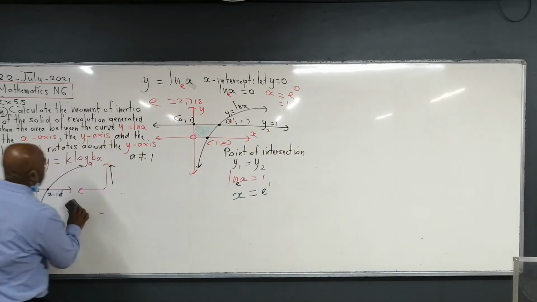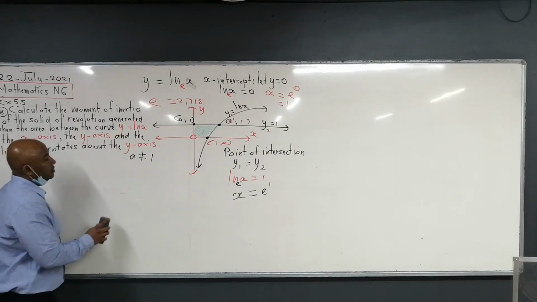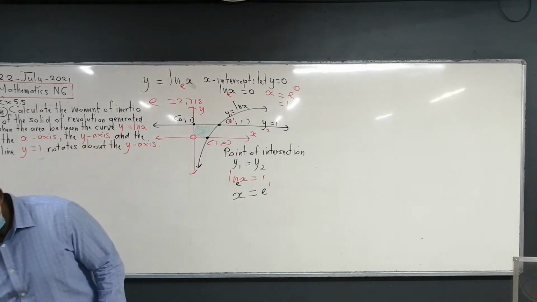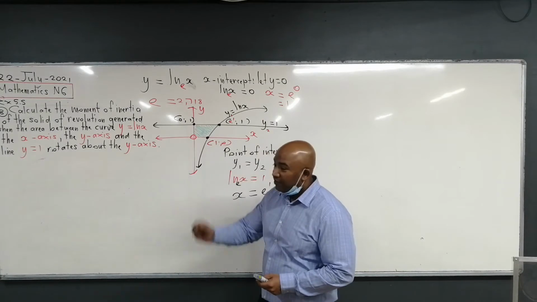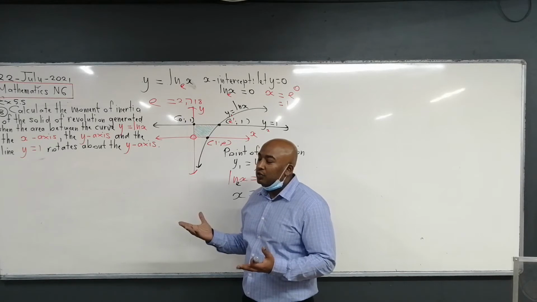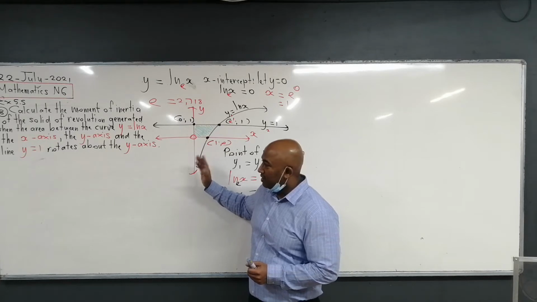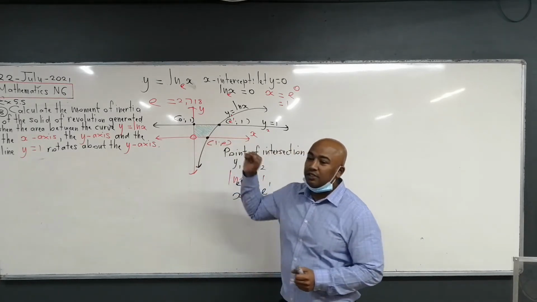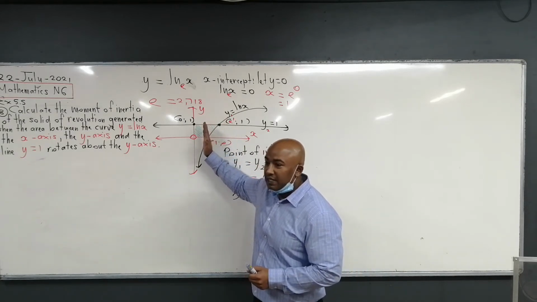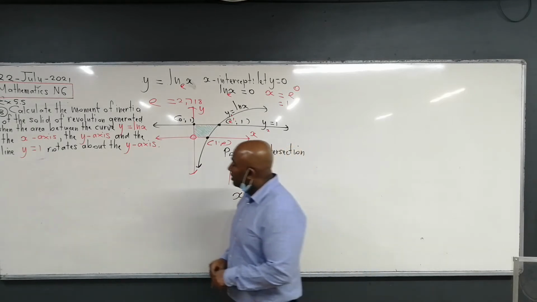So if it rotates about the y-axis, would we use the delta y then? The question is, if it rotates about the y-axis, we are finding the moment of inertia about the y-axis. It has nothing to do with whether you're going to use delta x or delta y. So what you put here is your choice. You can put anything you want to, but as soon as you draw a representative rectangle, then you need to check them, exactly what I'm going to explain now.